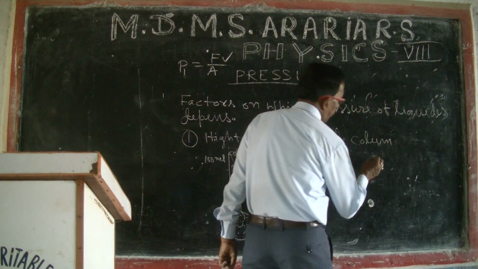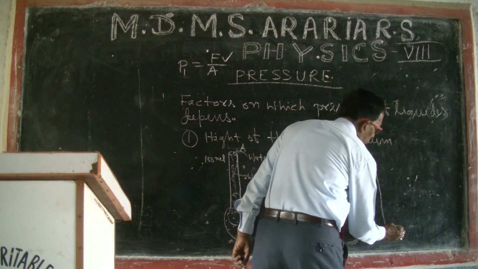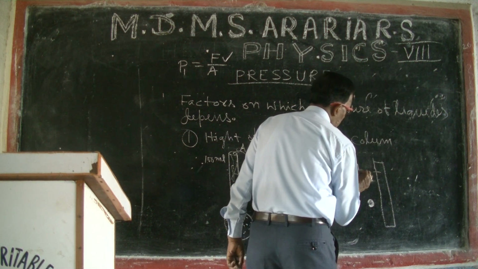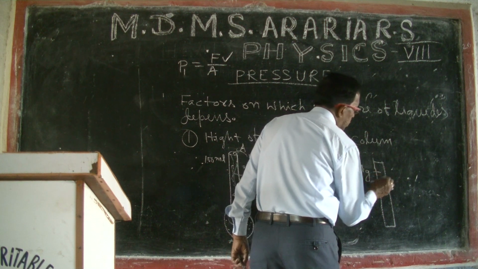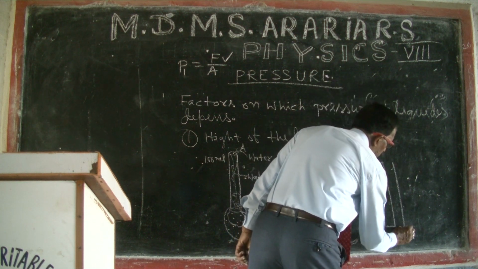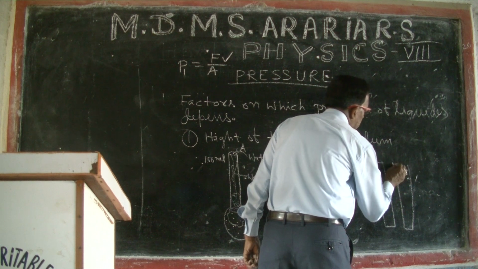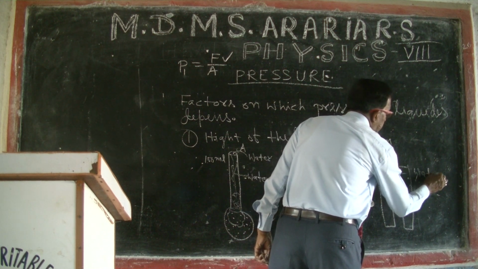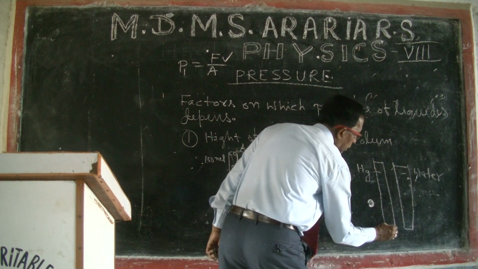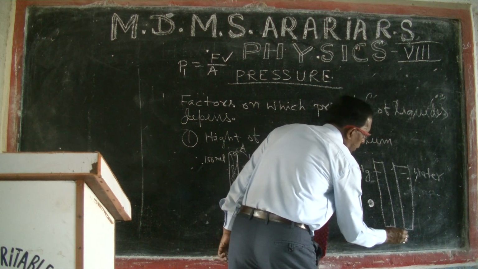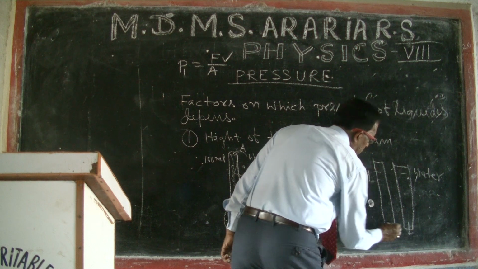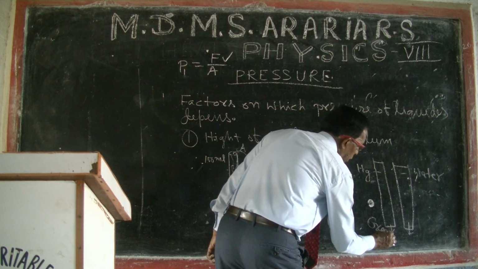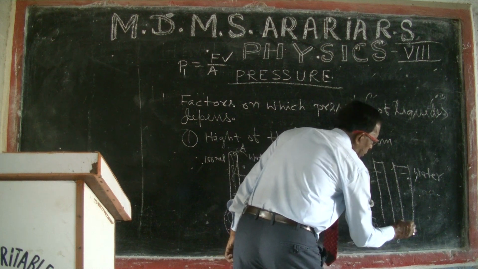If you fill this column with mercury and a same size column with water, and if you try to measure the pressure at this bottom, then it is very greater than this.